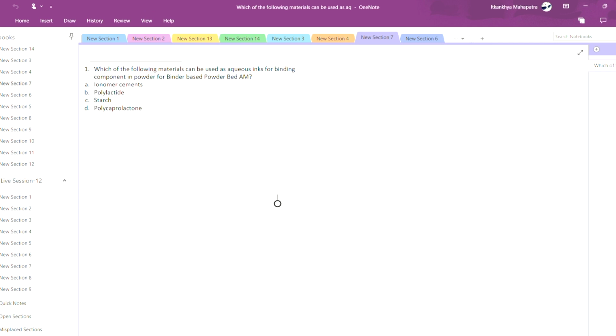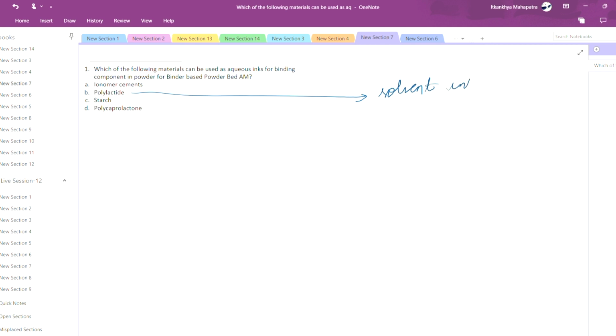These are the questions. The first question is, some basic questions: which of the following materials can be used as aqueous inks for the binding component in binder based powder bed manufacturing? Now this is solvent-based polylactide.